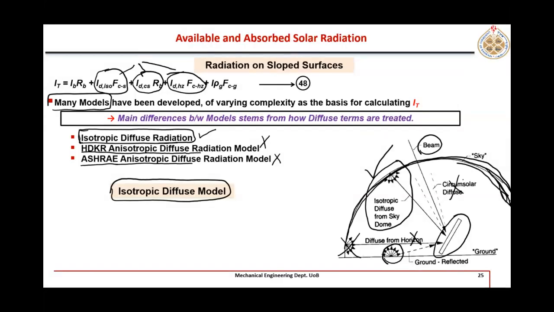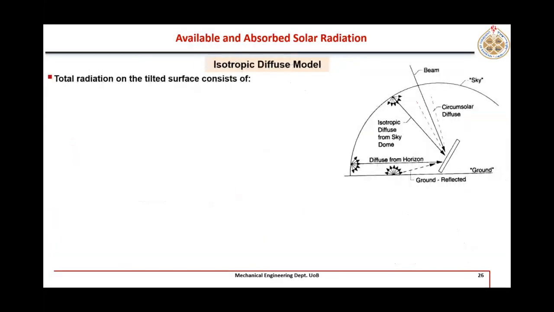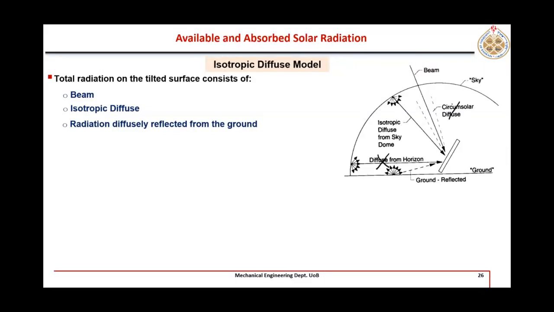So we will simply ignore circumsolar and horizon. This will make our model simpler, because now we are only considering the major parts. By neglecting these two, this will not make a big error. So now the total radiation falling on the surface is beam, isotropic diffuse from the entire sky, and the radiation diffusely reflected from the ground.